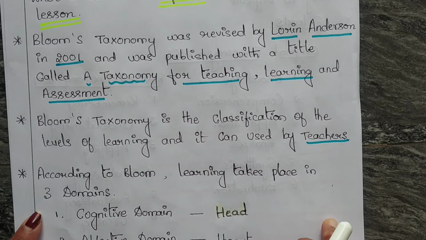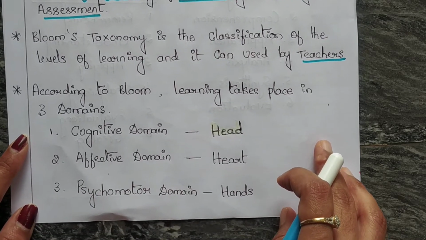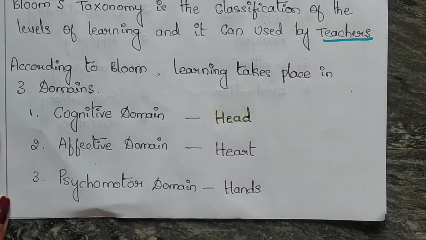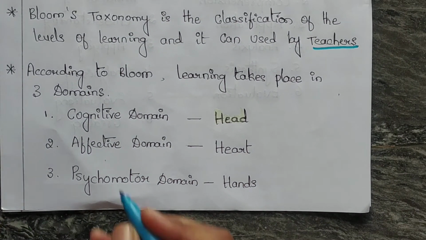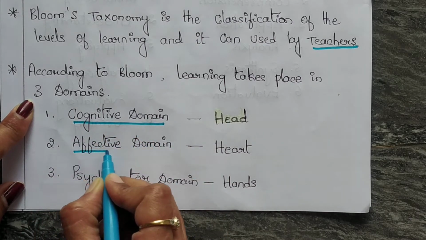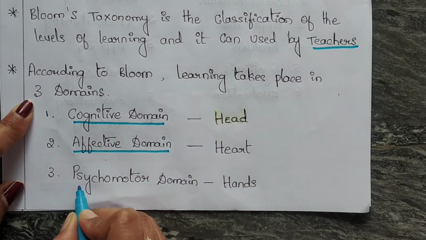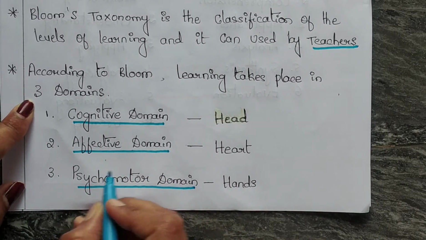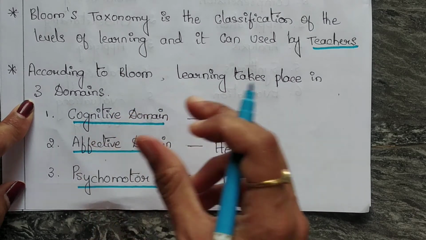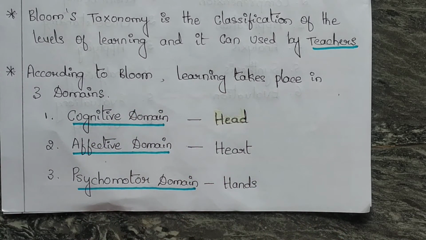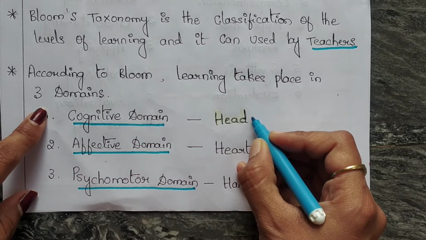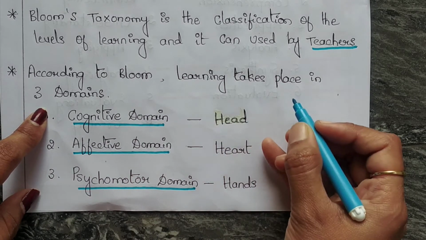These three domains are very important. Let us know what those three domains are. According to Bloom, learning takes place in three domains: first, cognitive domain; second, affective domain; third, psychomotor domain. Cognitive domain is related to the intellect, to the head, the brain.